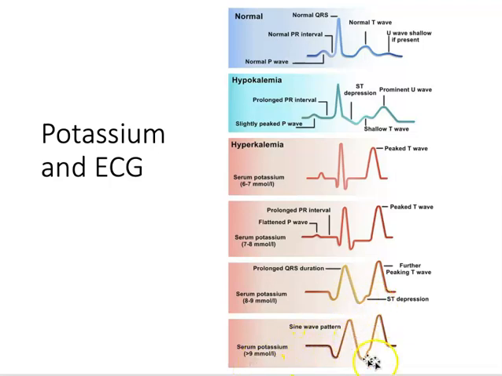And then if it's too large, we see what's called the sine wave, these waves that are almost the same size. So all of these would indicate hyperkalemia. And again, that could be deadly because now your heart muscle is not getting the correct signals, so it's not contracting correctly, so it's not sending blood to the organs like it needs to.